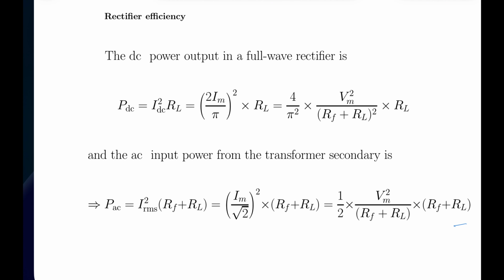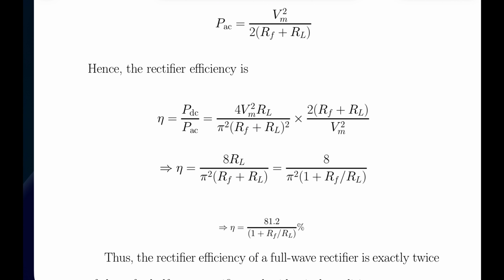This is (Vm by Rf plus RL) whole square, and this Rf plus RL is appearing here. So we have PAC equal to Vm square by 2 times (Rf plus RL).